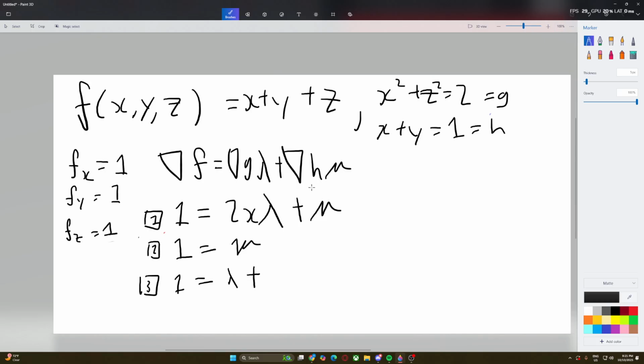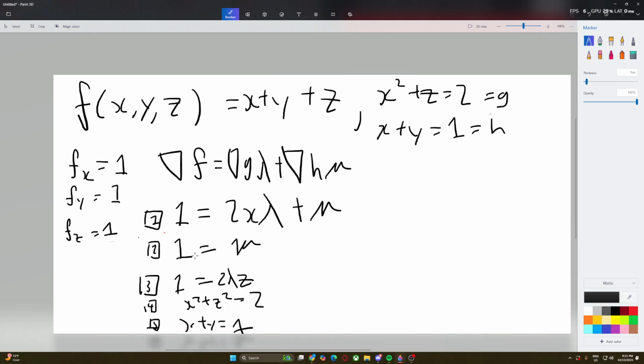So because that's squared, that's 2z actually, lambda, and that's plus nothing, so let me just rewrite that real quick. And then our fourth equation would be g, which is x squared plus z squared equals 2. And fifth equation would be x plus y equals 1.